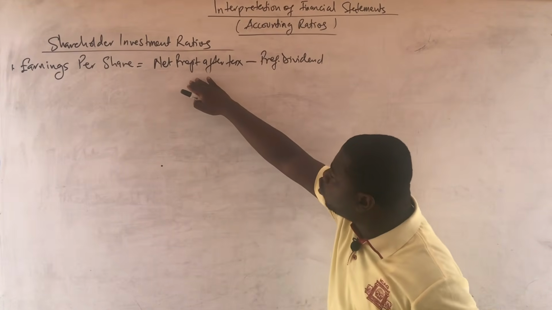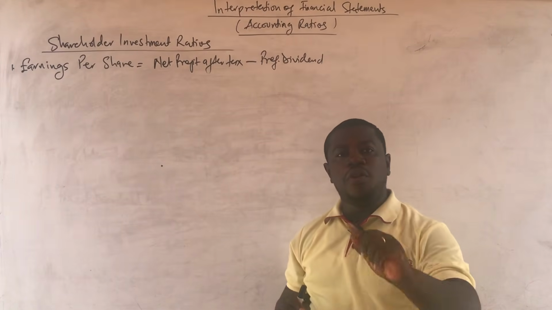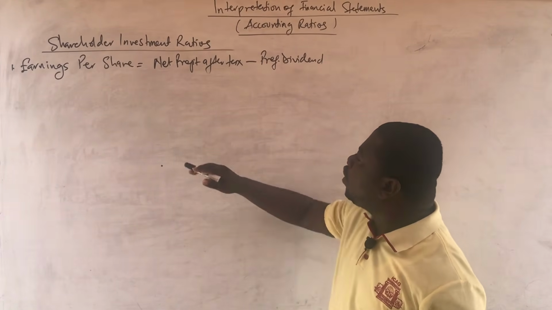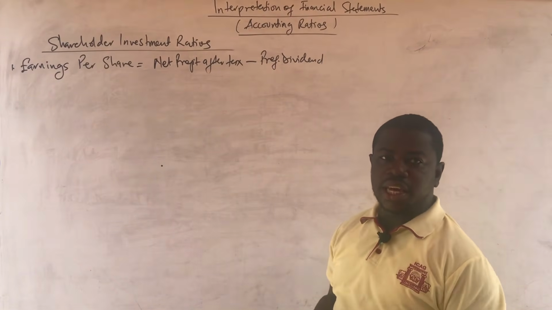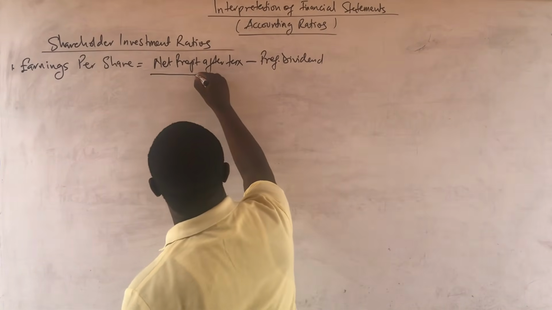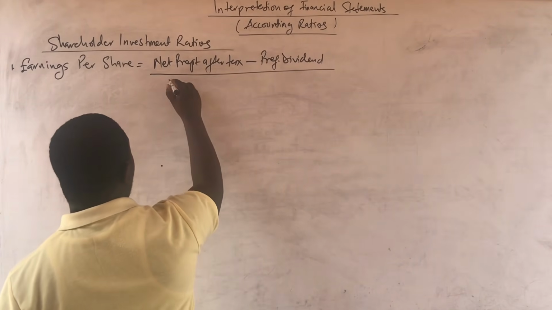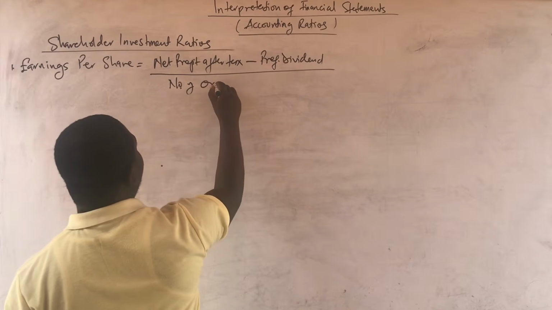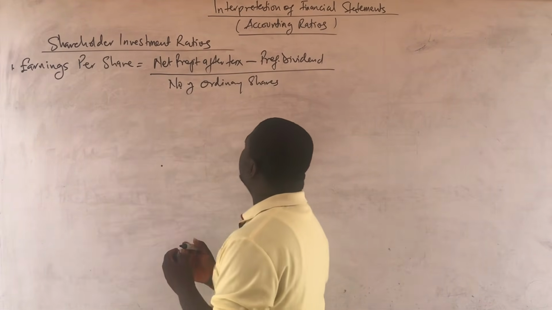So if you have been able to ascertain your earnings, this is total earnings. So if you want earnings per share, then you have to divide your earnings over the total number of ordinary shares, and that will be the formula for earnings per share. So earnings per share is your net profit after tax minus preference dividend over total number of ordinary shares that is in the company.